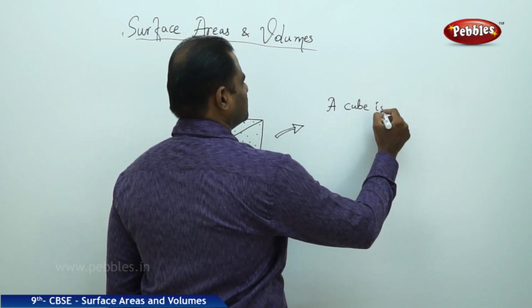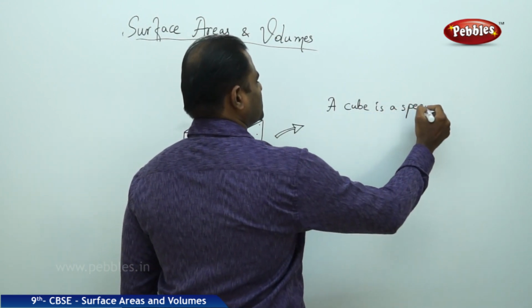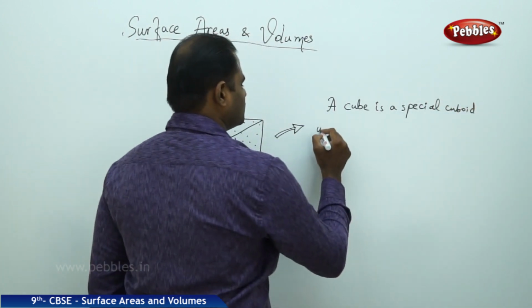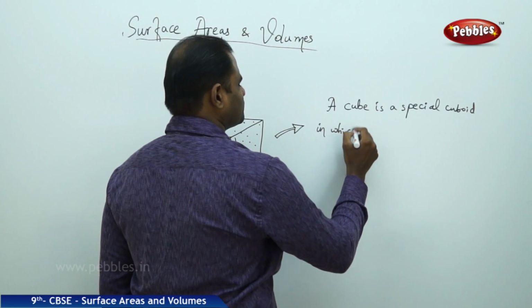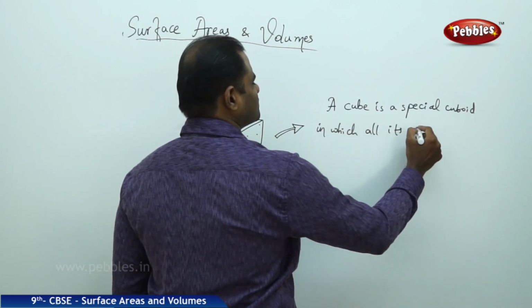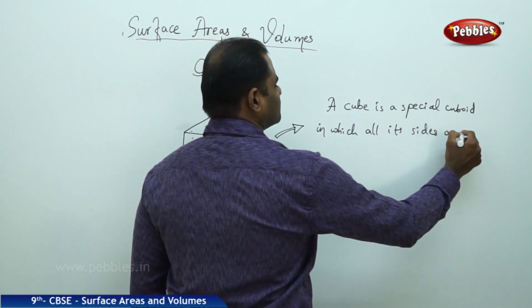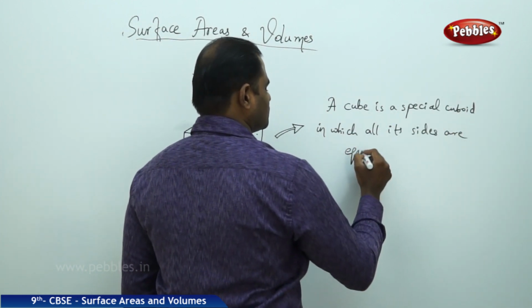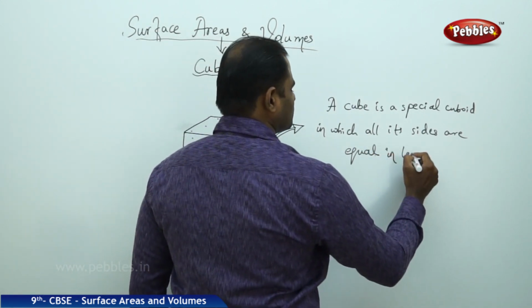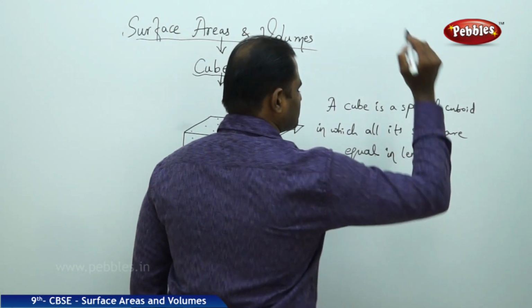A cube is a special cuboid in which all its sides are equal in length.